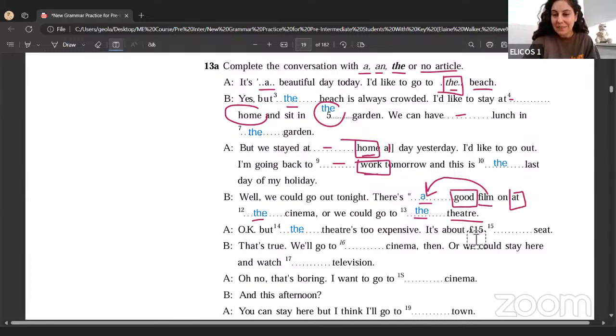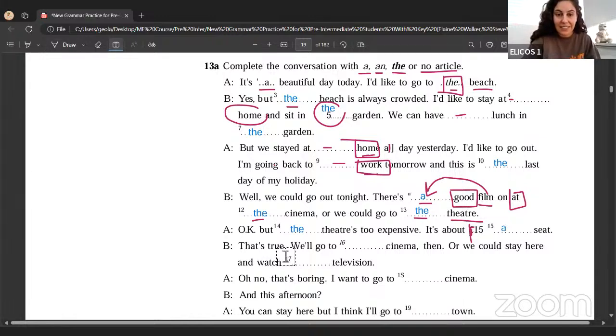It's about dollars. Yes. Because it's not $1, it's more than $1. So you just say it's about $15 a seat. So per seat, like your ticket, it's about $15 a ticket.